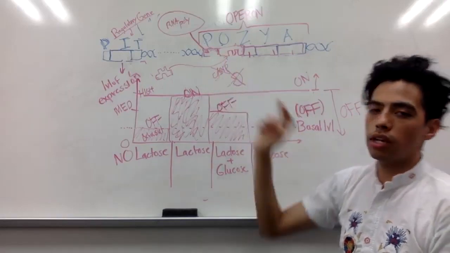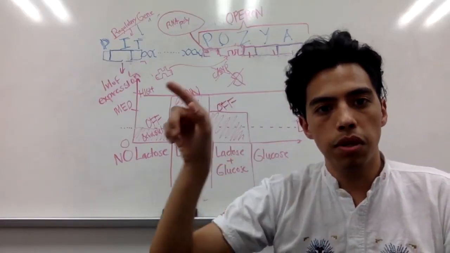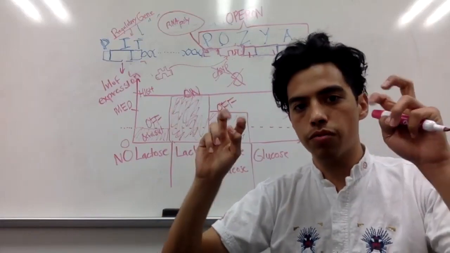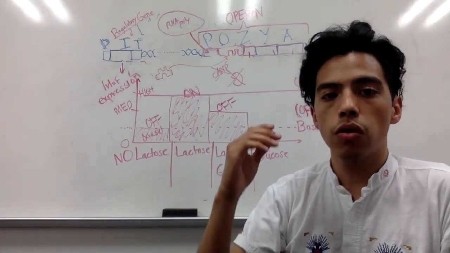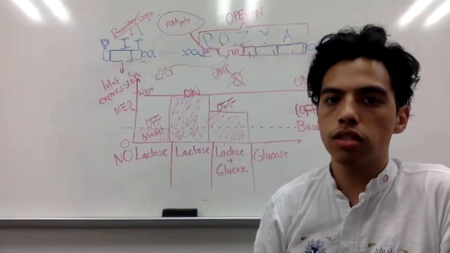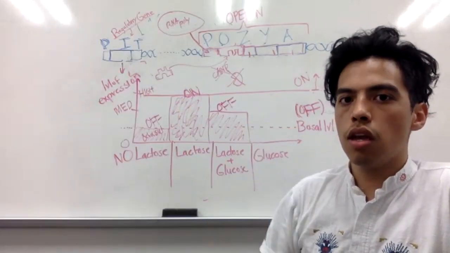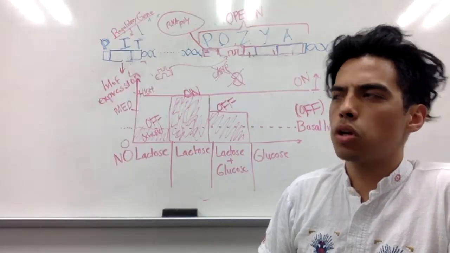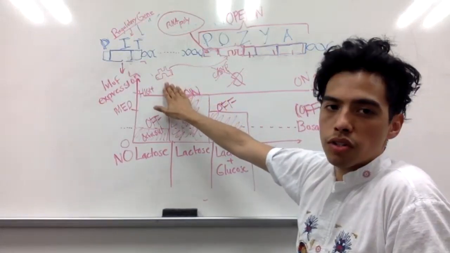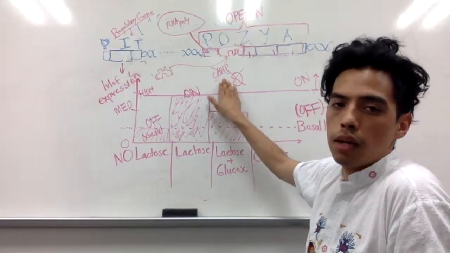And there'll be an inhibition of adenyl cyclase, and so the cAMP won't be created, and therefore you don't have that transcription factor that will elevate it. And so in this case, it's very similar to the no lactose case, because you have the repressor on or active, and you don't have the cAMP complex.